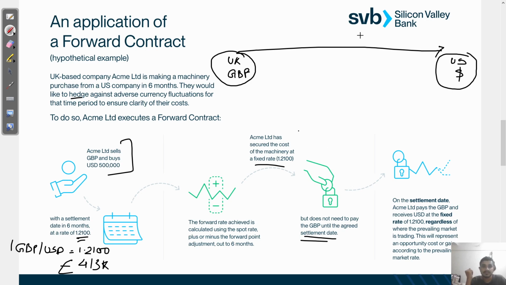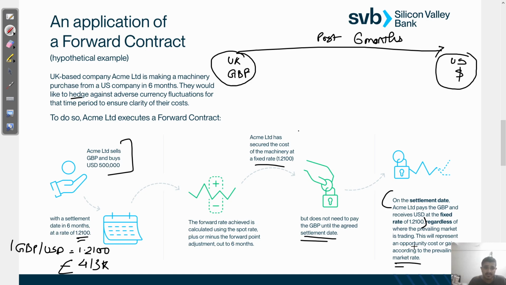Now, when the settlement date arrives, Acme pays GBP and receives USD from the dealer, and then it pays the US company this amount, $500,000, regardless of where the prevailing market is trading. This will represent an opportunity cost or gain according to the prevailing market rate.